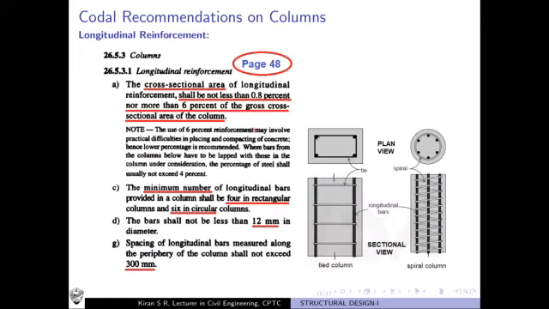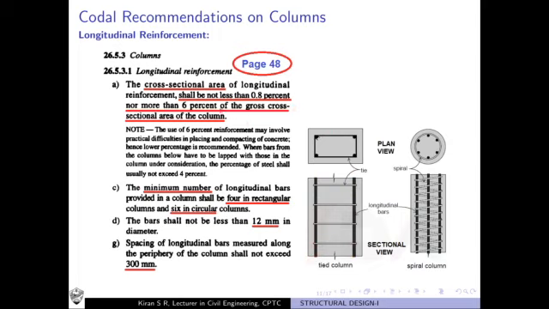Now coming to the longitudinal reinforcement, there are certain very important recommendations. Refer to page number 48 about the longitudinal reinforcements. These are longitudinal bars in columns. It is very important that longitudinal bars have to be provided in RCC columns, and they shall obey certain conditions as recommended by the code.